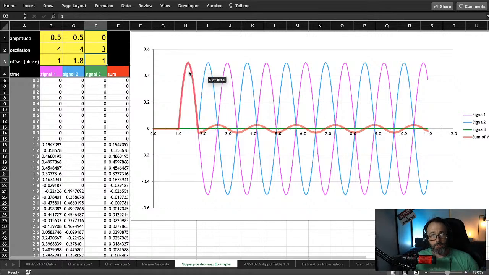This one I wanted to show you just because this is what happens when the waves meet each other and cancel each other out. You get nothing. You get no signal.